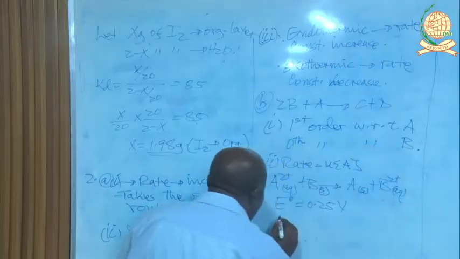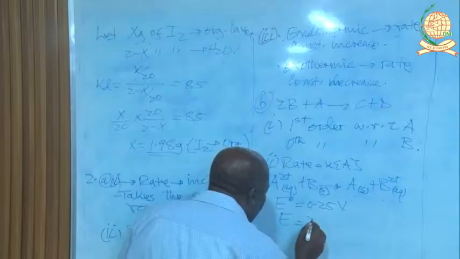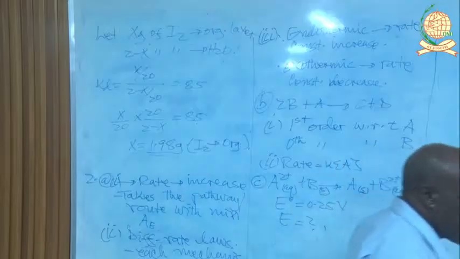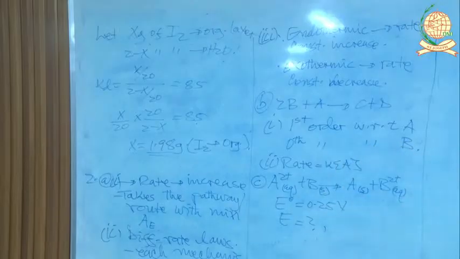Now, what will be the cell potential if the concentration of A is 1,000 times that of B?